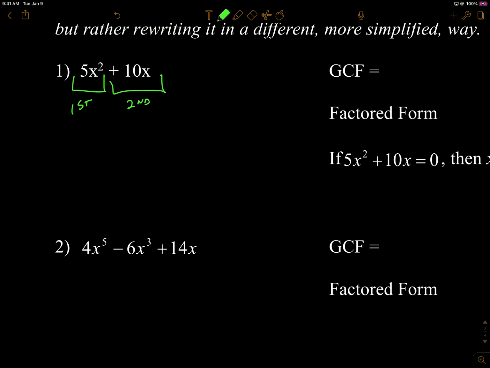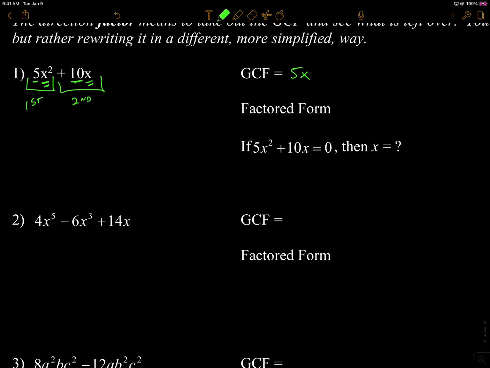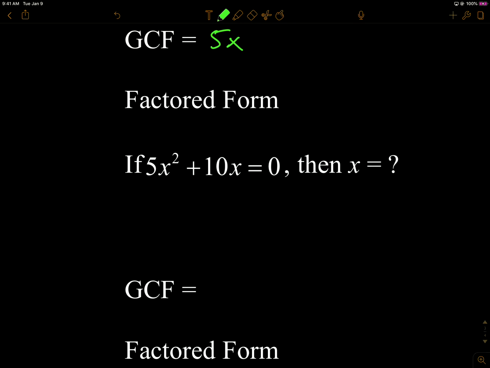So the greatest common factor is 5, because first I look at the 5 from the first term and the 10. 5 is what divides out of both of those. Now I look at the next part of each term, the x's. The biggest thing that I could divide out is x. So my greatest common factor there is 5x. Factored form means I'm going to write the greatest common factor as my first factor times something.